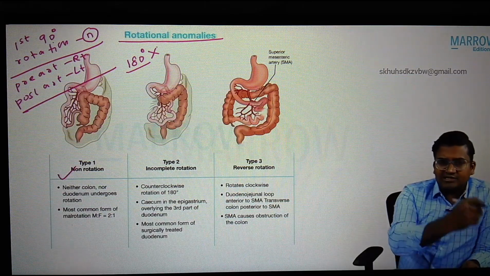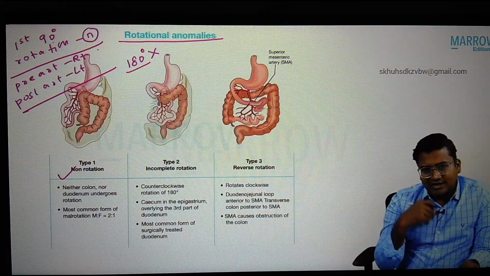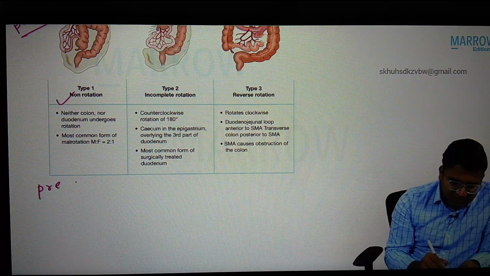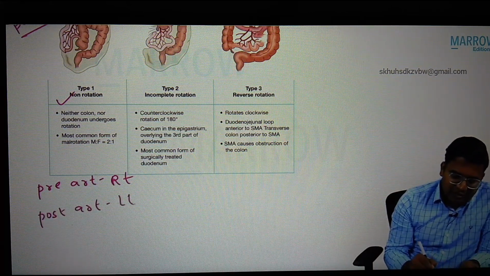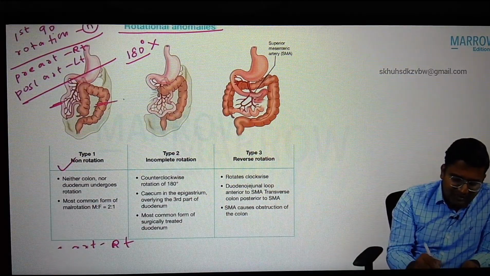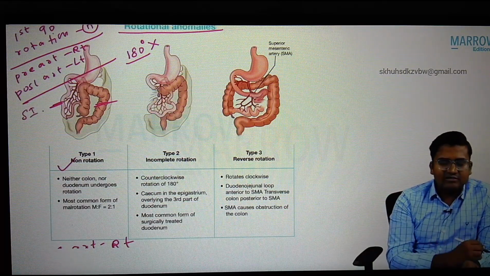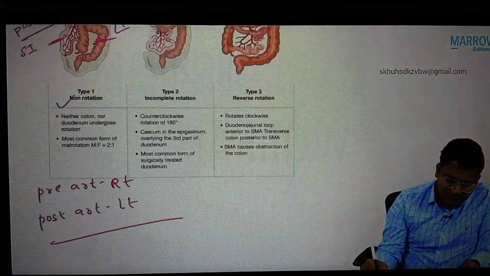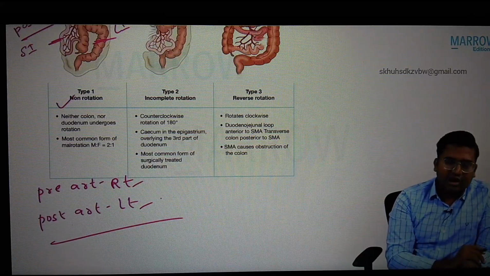So in your diagram, the pre-arterial segment forms the right side, the small intestine, and the post-arterial segment forms the left side, the large intestine. That is a feature of non-rotation.